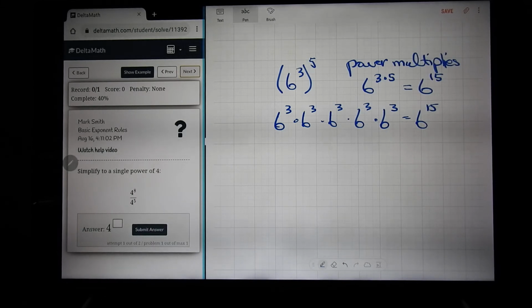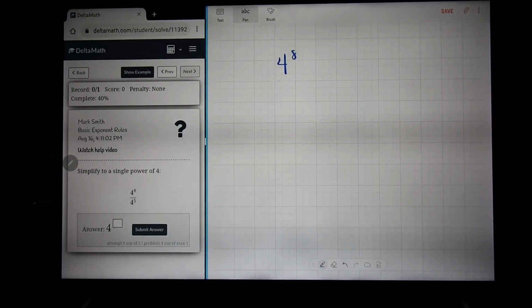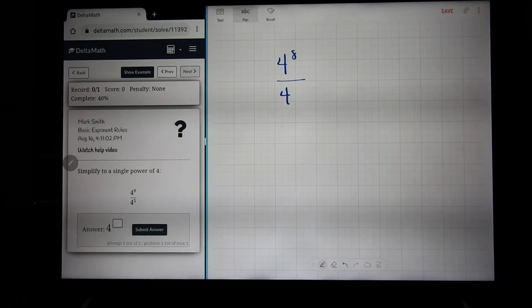Now we have a division of exponents, and so we have 4 to the 8th over 4 to the 5th.